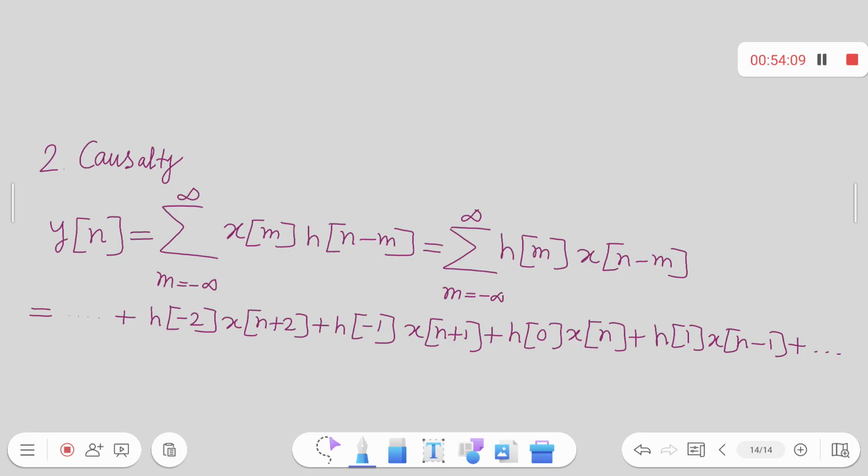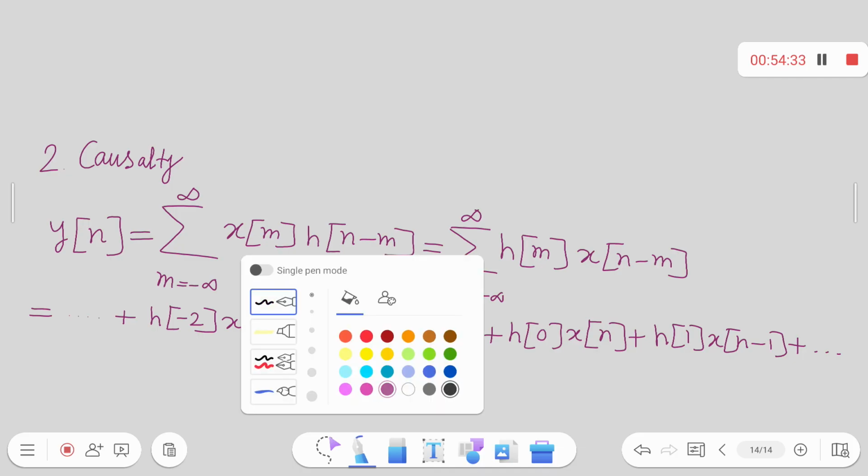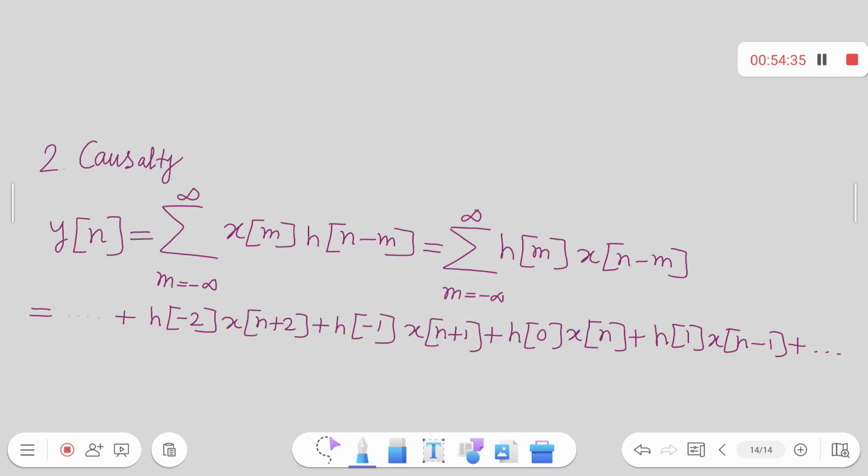Now, if the system is causal, what do we expect from the system? The output will depend on past and present. So in this expression, the output must not depend on this. y of n means the sample taken at time instant n.